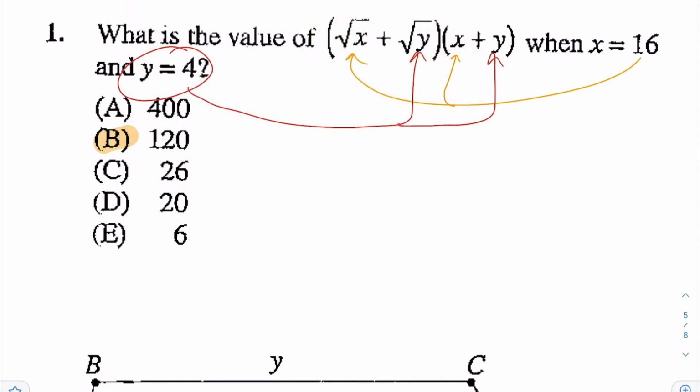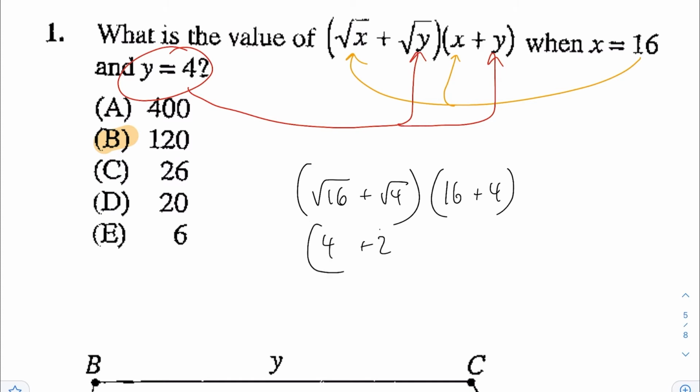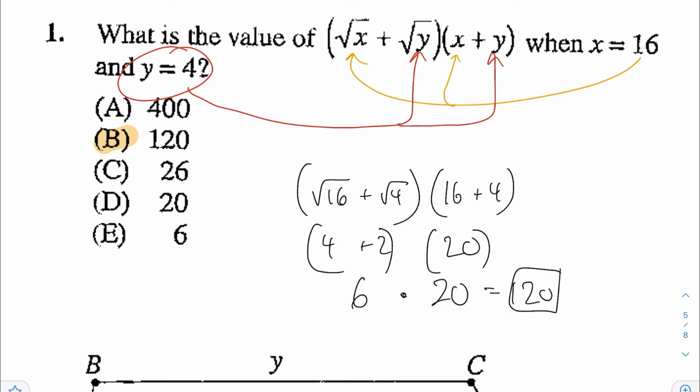So you'll have square root of 16 plus square root of 4 times 16 plus 4. Now, 16 and 4 are both perfect squares, so this will just turn to 4 plus 2. And this is 20. So this is just 6 times 20, which is 120. Choice B.